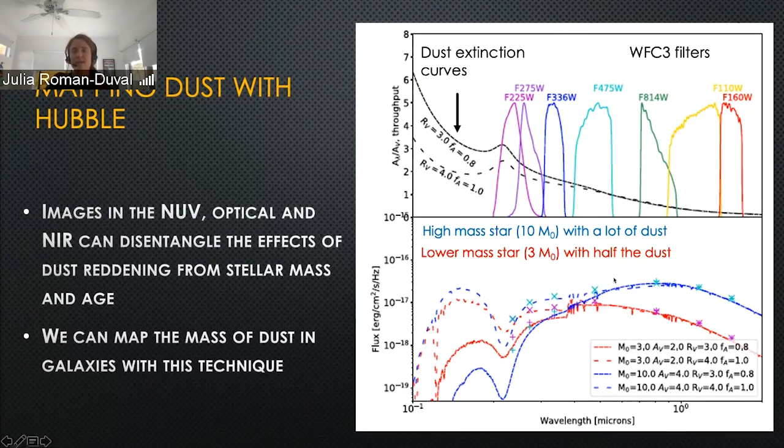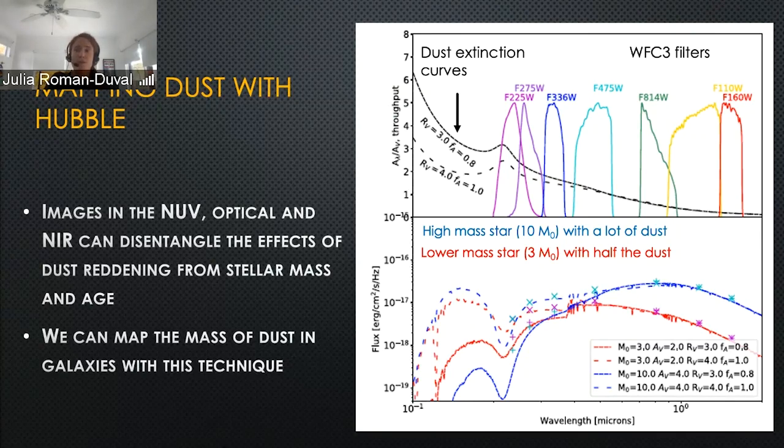And there you can see the spectrum and the corresponding photometry for a high mass star, say 10 solar masses, with a lot of dust in front of it. And that one's the blue spectrum. And then you have the spectrum of a lower mass star, which is 3 solar masses, with about half the dust in front of it. And you can see that the spectra, once you have the near infrared and optical and near UV, are well separated.